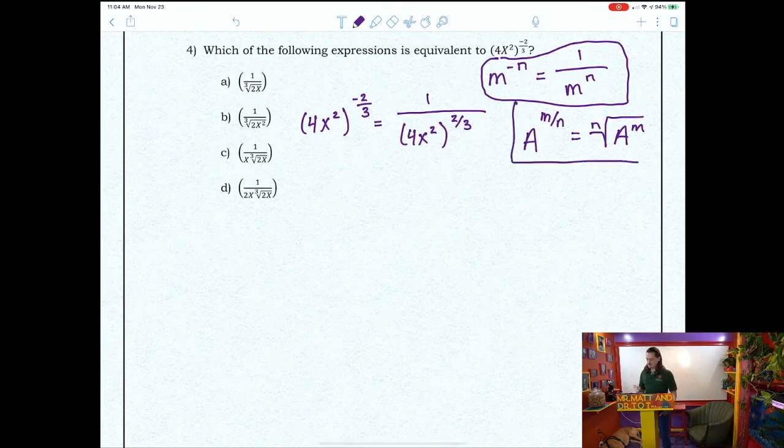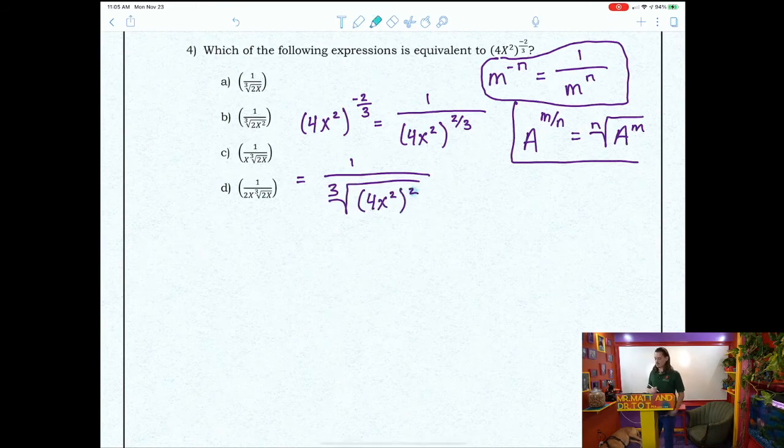So now I'm going to simplify the denominator using that second formula. I still have 1 over, but raised to the 2/3 power, that's the same thing as the 3rd root of 4x squared quantity squared. Now you need to make sure that this squared goes to everything inside the parentheses, the 4 and the x squared.